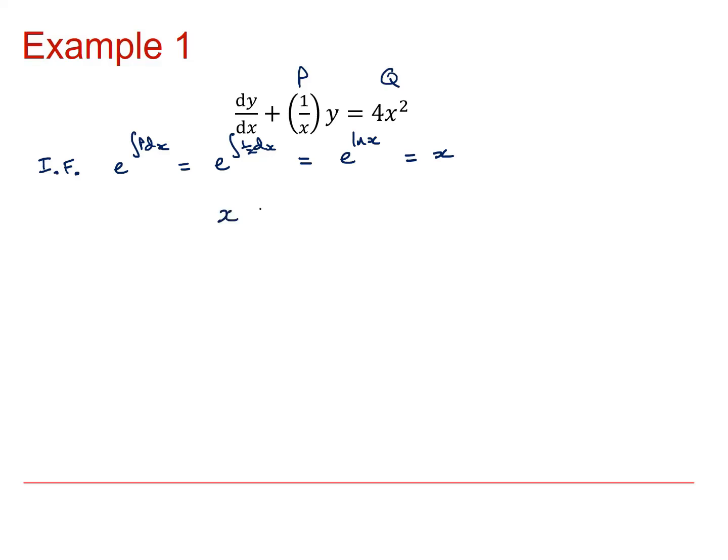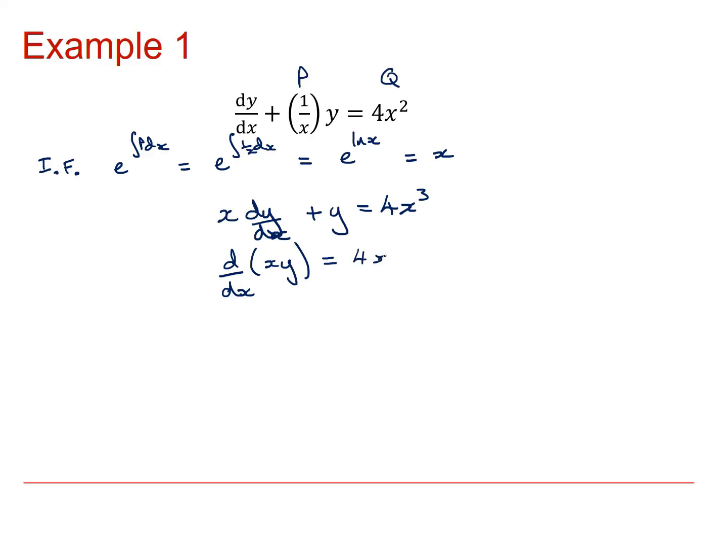So I've got x dy by dx plus y is equal to 4x cubed. The left-hand side I know is now a perfect derivative, so that's d by dx of xy. In the early stages you might want to double check that: I'll get x dy by dx plus 1 times y.